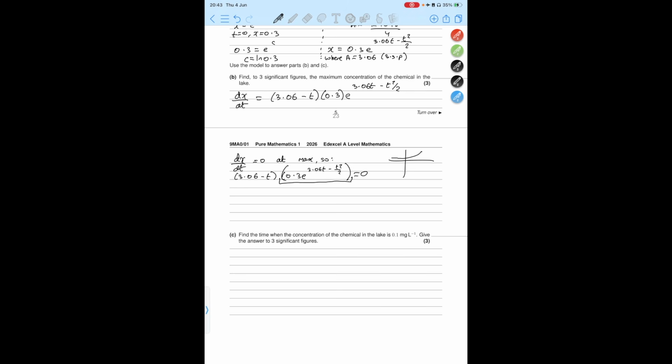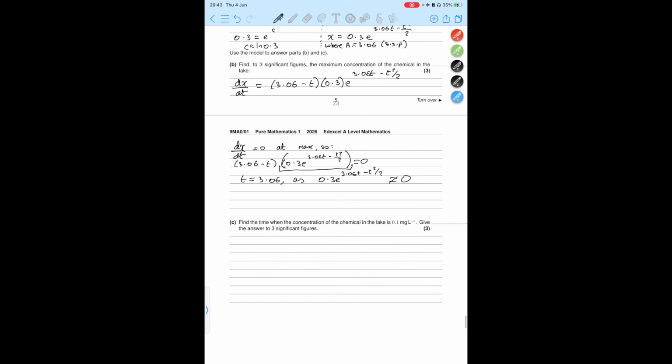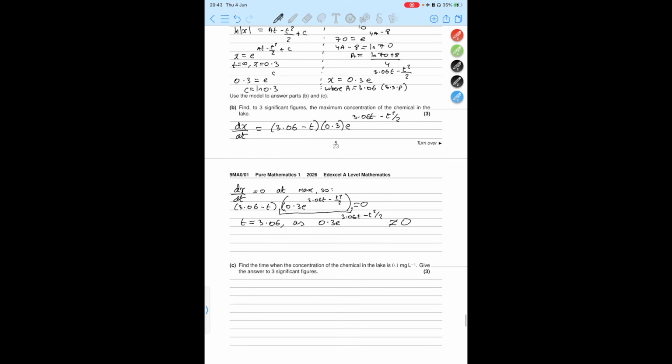So what we can say is that this requires t to be 3.06, as the exponential cannot be equal to 0. This is our stored value, by the way, let's remember that.